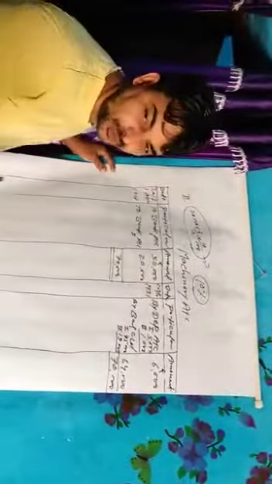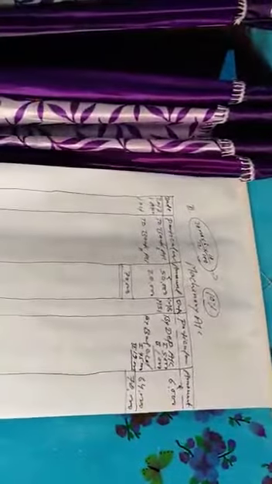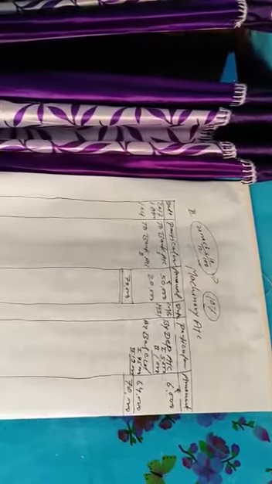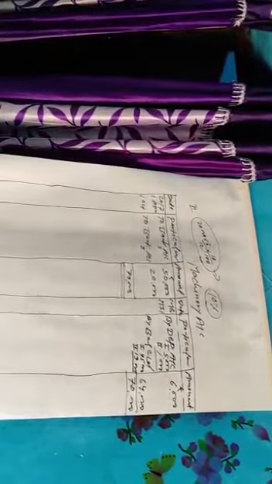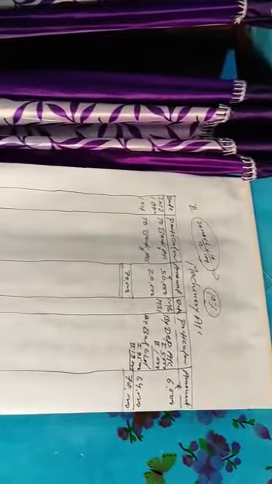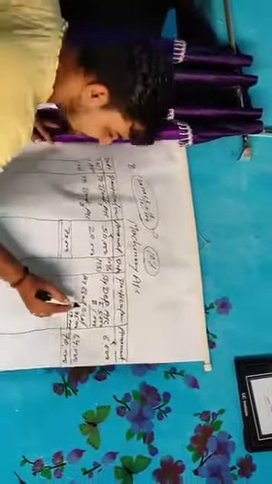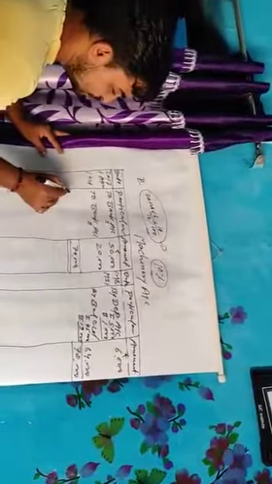Here the first process has completed. In the first process you see that the depreciation is calculated for two machineries. Clear? Okay.